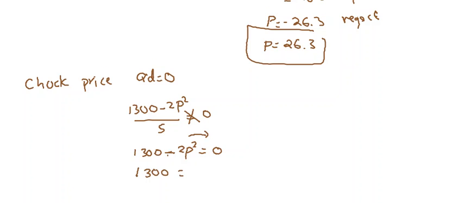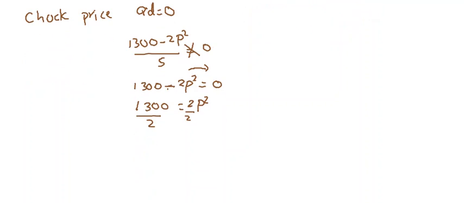For this one you can also use the quadratic formula, but because we have only two terms, I transfer it to the other side. Divide by 2: 1300 divided by 2 is equal to 650. So 650 equals p squared.